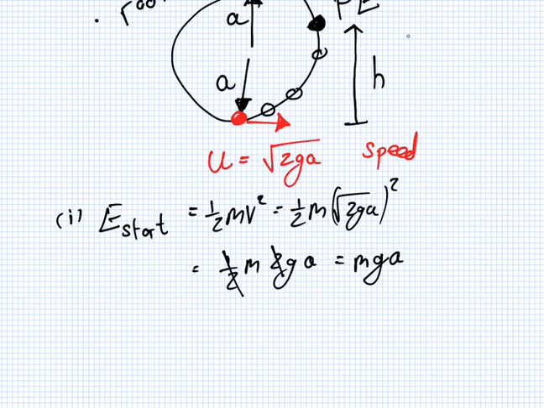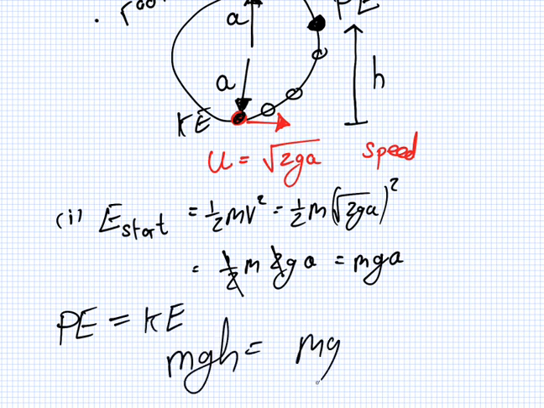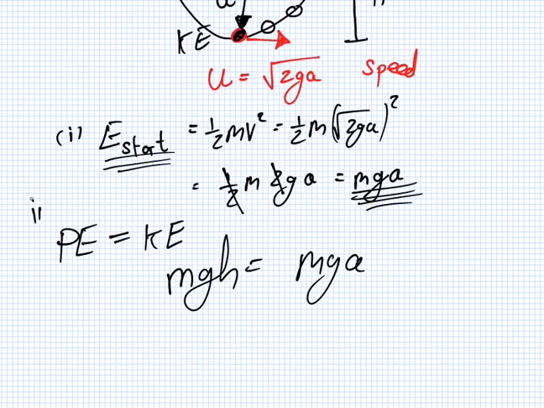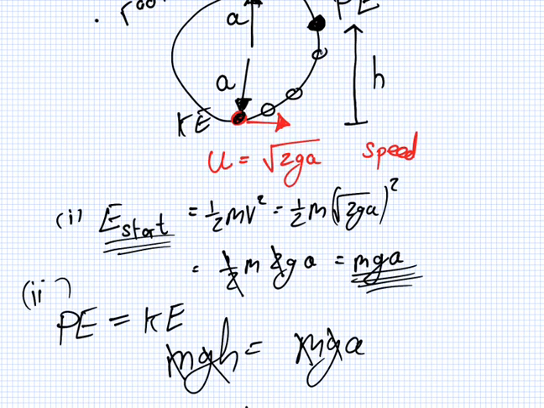So mgh equals mga, because we did this already for the start. Cancel, so h equals a. So the maximum it can go is around about here. It'll only go halfway and then fall back down.